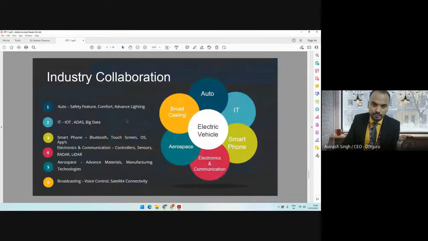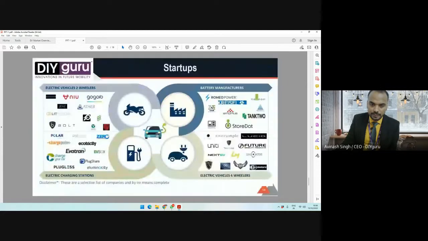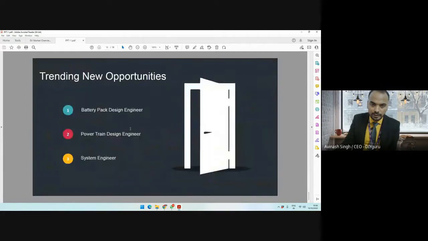In the next 5 years, what are the technologies which will come in the electric vehicle industry? It's an amalgamation of different verticals combined together, and the idea is just to make the vehicle as smart as it can be. And then we saw the opportunities in the future for anyone who is looking to make a career in this EV industry.